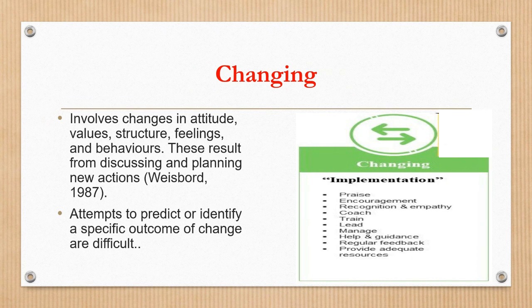The change phase, which is the second phase, involves changing the attitudes, values, structures, and feelings, as well as the behaviors of the individuals. Attempts made at this time to predict or identify the outcome of change are specifically difficult. Change agents will ensure the individuals are praised, encouraged, recognized, and shown empathy while they are being coached, trained, managed, led, and guided.